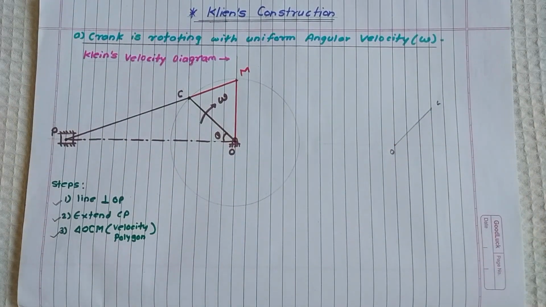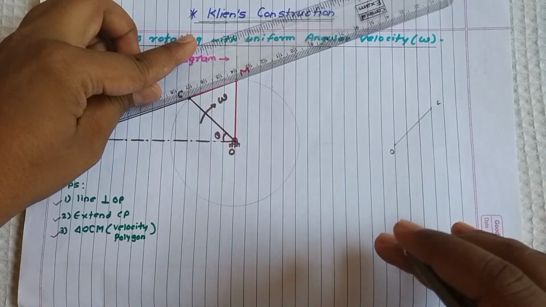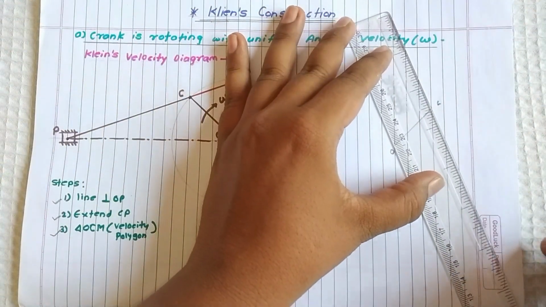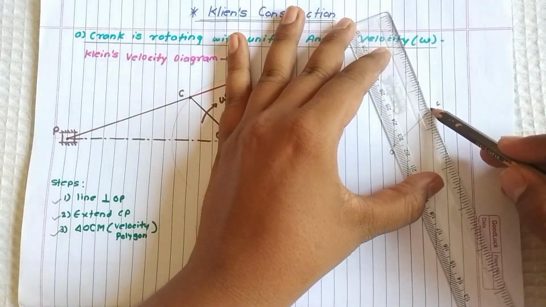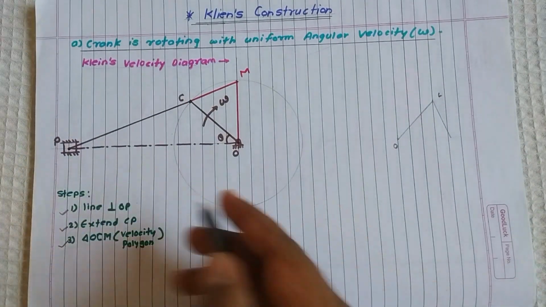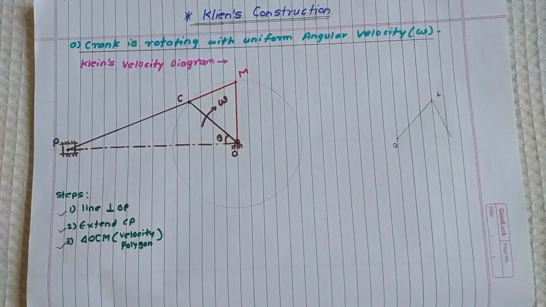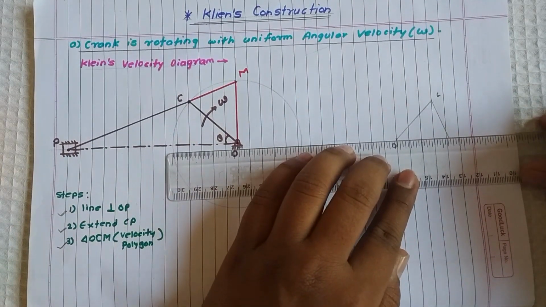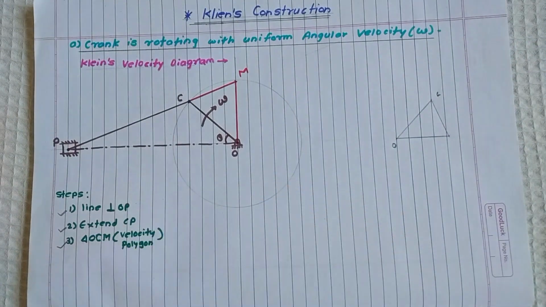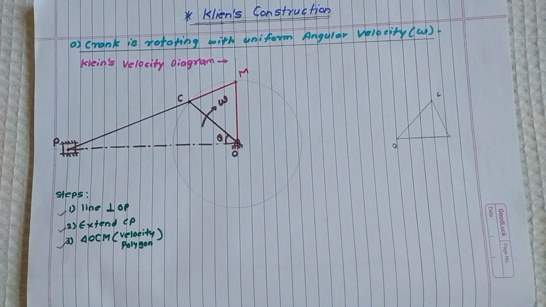Now perpendicular to CP, that is the connecting rod, from point C, and parallel to OP, meaning velocity of piston or slider. This is the velocity diagram by the relative velocity method.